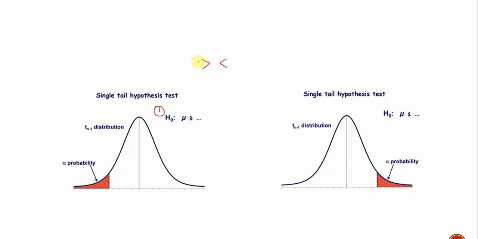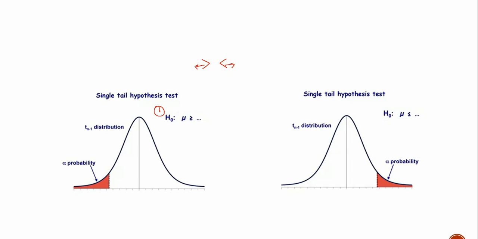Now when you write greater than symbol, the mouth is opening this side, which means the rejection region will fall on the left hand side. When you write less than, the mouth is opening towards the right. So the rejection region will lie towards the right.